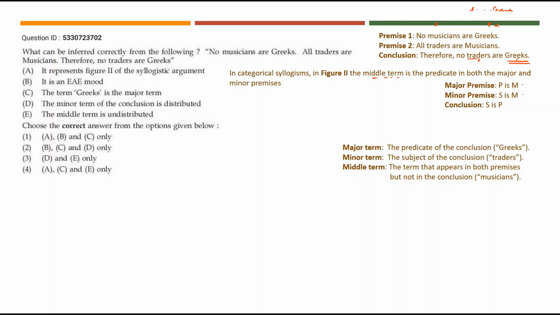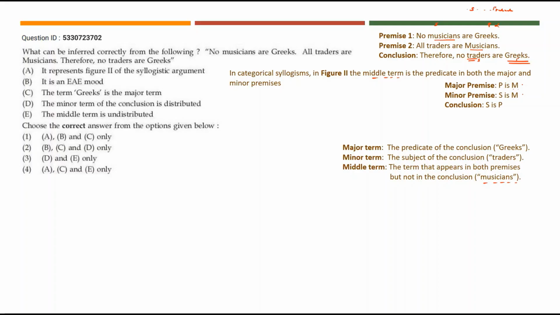So, traders will be the minor term. What is the middle term? The term that appears in both the premises but not in the conclusion. No musicians are Greeks, all traders are musicians. Which term is actually appearing in both the premises? Musicians. So, the middle term will be musicians.